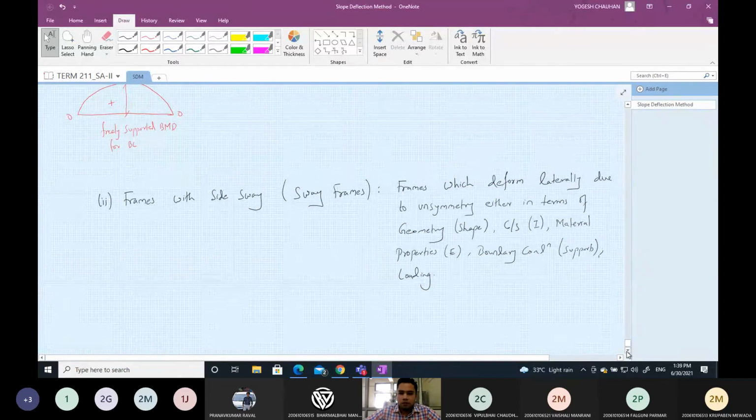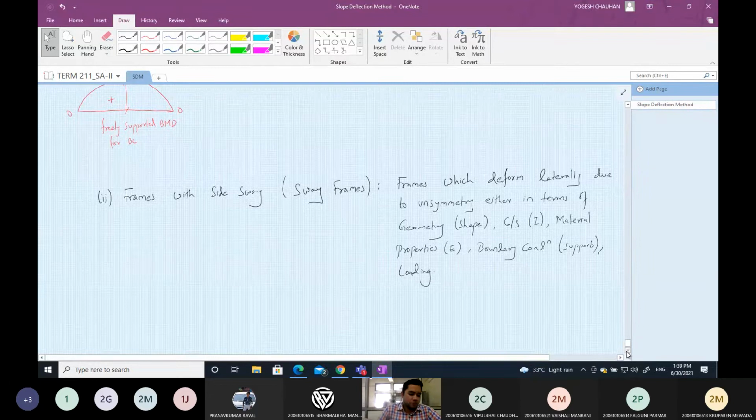now here we will assume that the axial deformations are neglected. So while discussing these frames with side sway, our assumption will be that axial deformations are neglected.